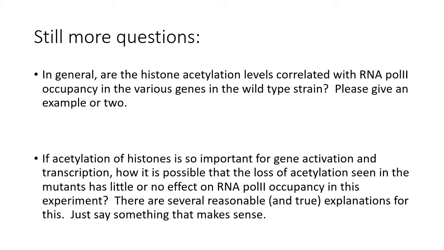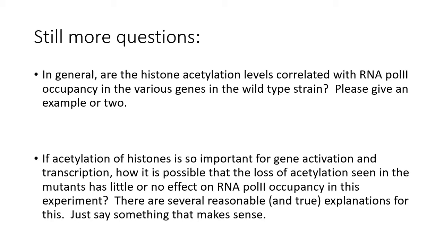And the last question is, if acetylation of histones is so important for gene activation and transcription, how is it possible that the loss of acetylation seen in the mutants has little or no effect on RNA Pol2 occupancy? Okay, so there are several reasonable explanations for this. If you think about the histone tails, there are numerous sites for acetylation.